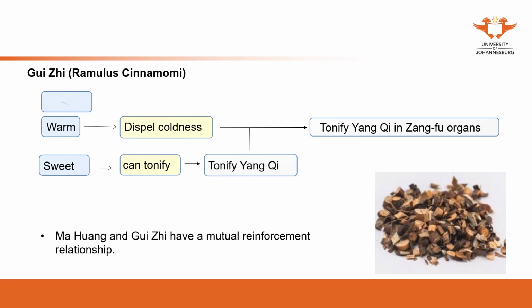桂枝, warm, pungent, can be used to dispel coldness. It also can tonify the yang qi because of the warm property. When we study the materia medica, we assess that something pungent, something sweet can generate the yang qi.